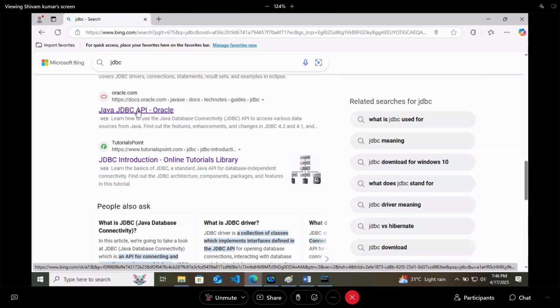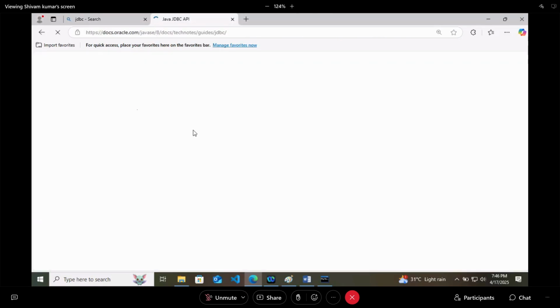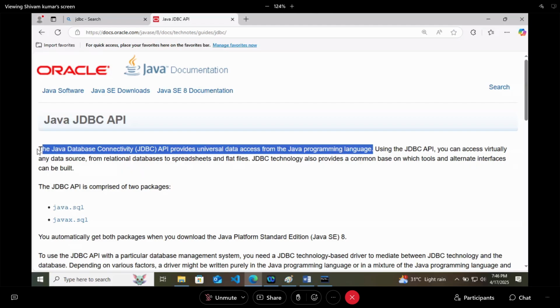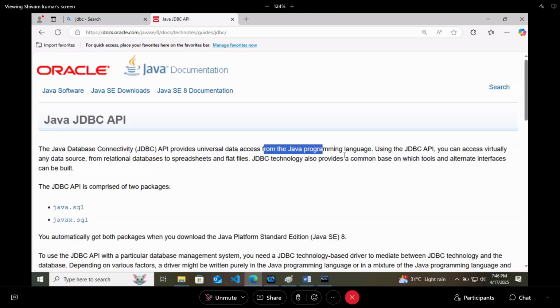So this JDBC is an API. It's not any specification, nothing. It is an API. You can read this single line: Java Database Connectivity API provides universal data access from the Java programming language. Using the JDBC API, you can access universal data, and universal data means from any kind of database you can access data from the Java programming language.